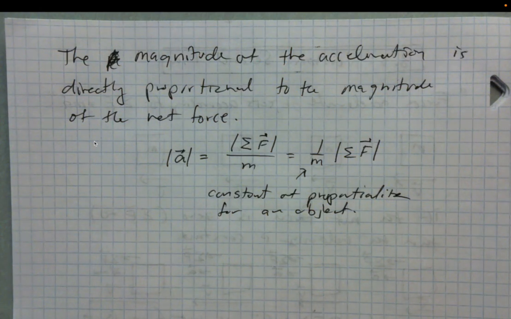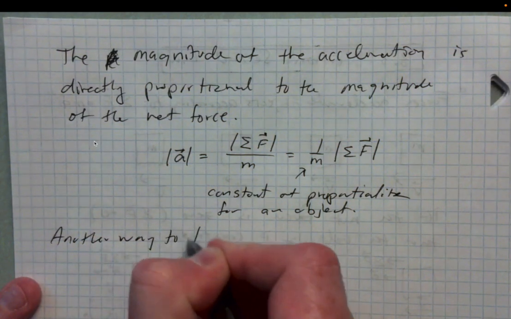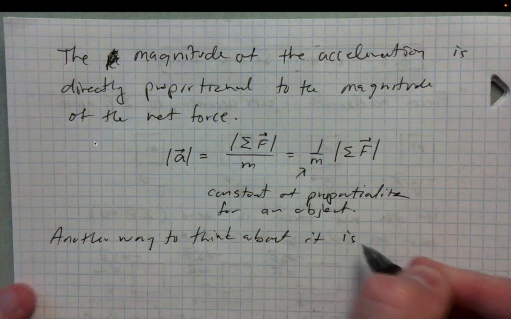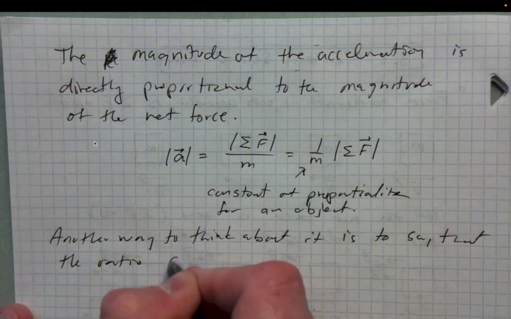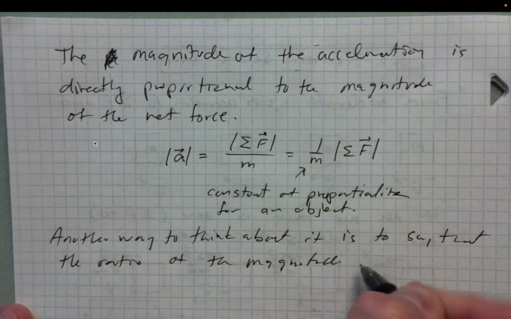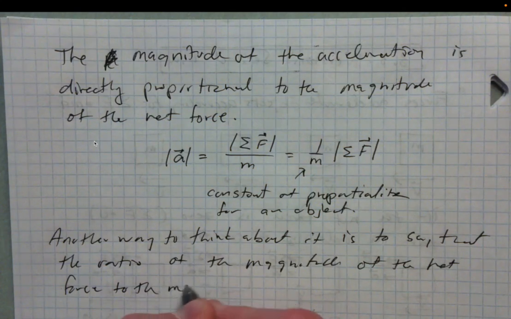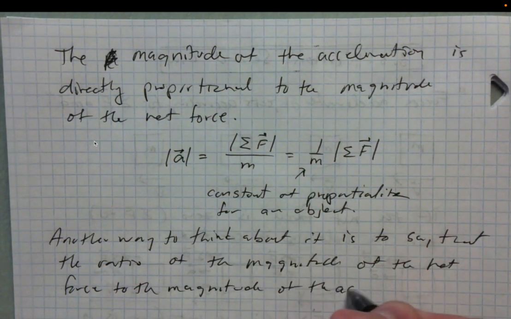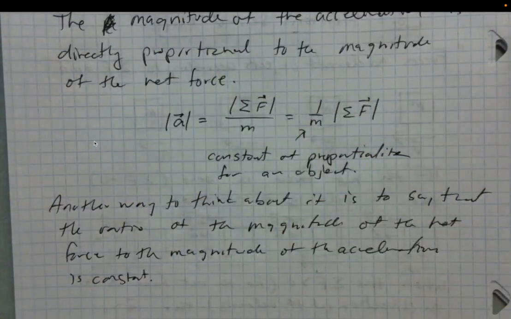Another way to think about this equation is to say that the ratio of the magnitude of the net force to the magnitude of the acceleration is a constant for a body, regardless of what the force is.